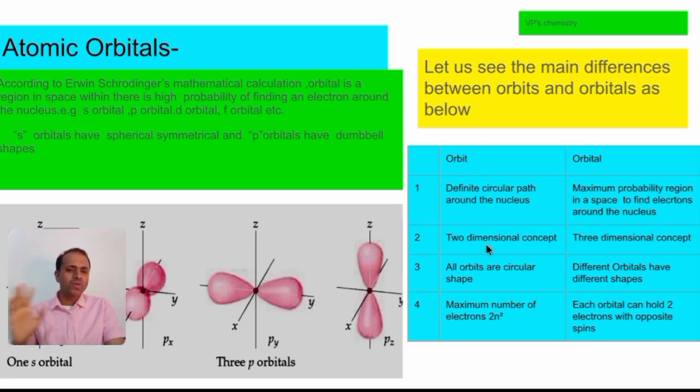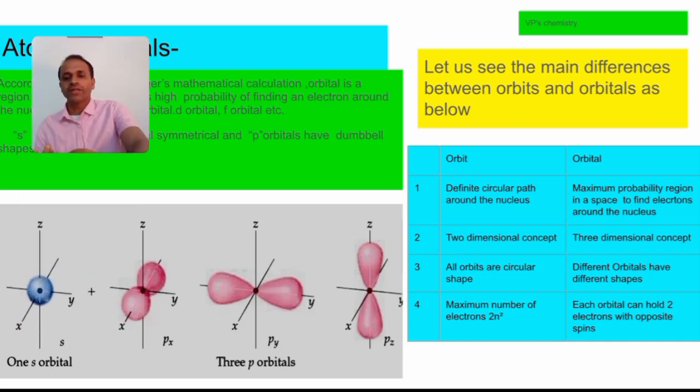An orbit is a two-dimensional concept, and an orbital is a three-dimensional concept, because we can explain the position or orientation of an orbital along the x, y, z axes. Third, orbits are circular in shape, but orbitals have different shapes. An s orbital has a spherically symmetrical shape, and a p orbital has a dumbbell shape.